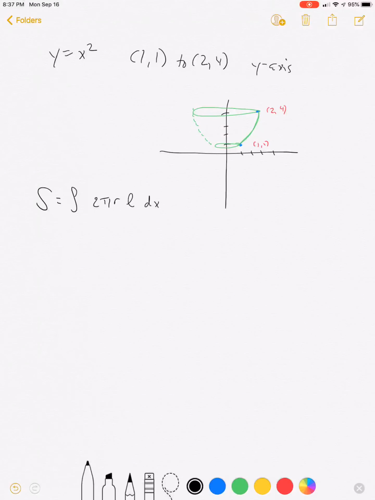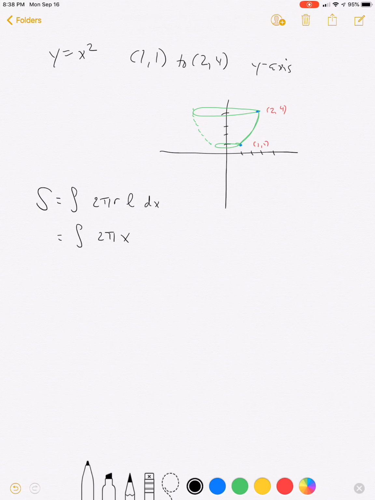So we need to define our r and our L. It's revolved around the y-axis, so our radius here is just going to be x. So we're going to integrate 2 pi x, because it's an x distance.